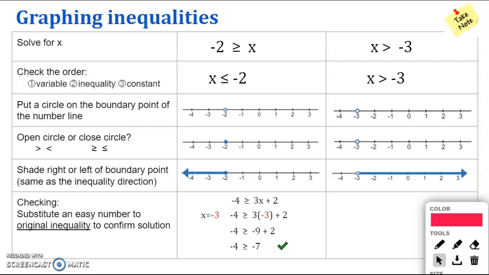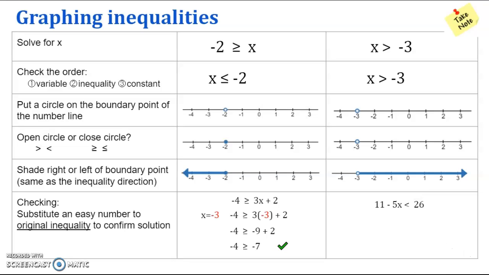Okay, now to the checking process, I need to get my original inequality, which is right there, and I need to find my easy solution. From your shading, you're claiming that numbers like -2, -1, 0, 1, 2, 3, all of this, when you substitute this in, should come out as true.